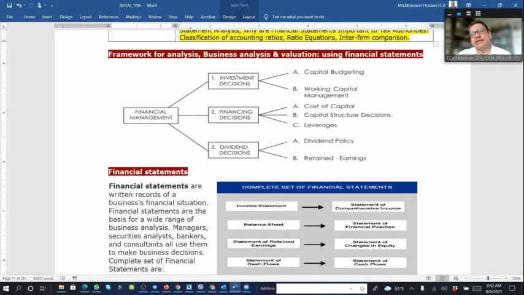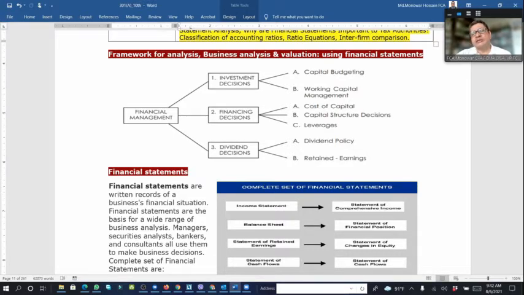Residual policy means that 50 crore is net profit and establishment needs 40 crore, so the remaining 10 crore has to be distributed to the shareholders as dividend. That 10 crore is the residual amount, so that's also a dividend policy, the residual policy. And sometimes retained earnings.